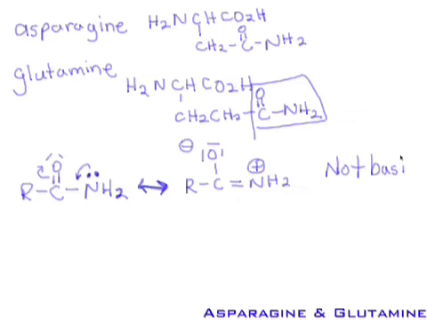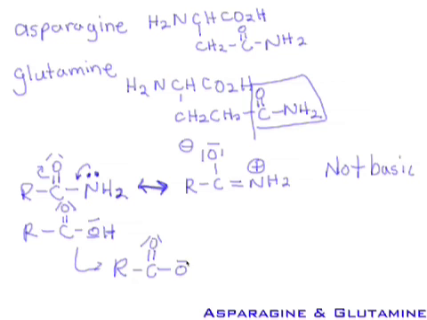Well, what about acidic? I mean, is this not similar to, say, a carboxylic acid? Could not the NH2 lose a proton? Well, in actual fact, losing a proton requires stabilization of the negative charge. Carboxylic acid does this in two ways.